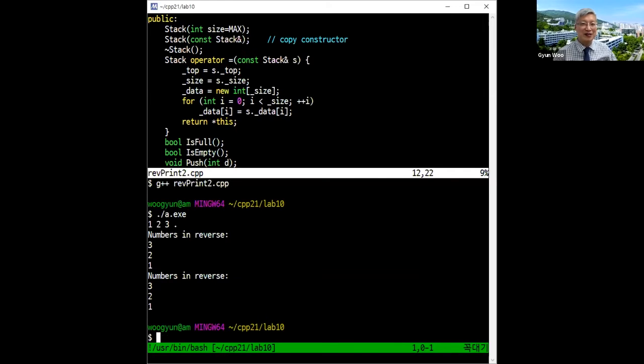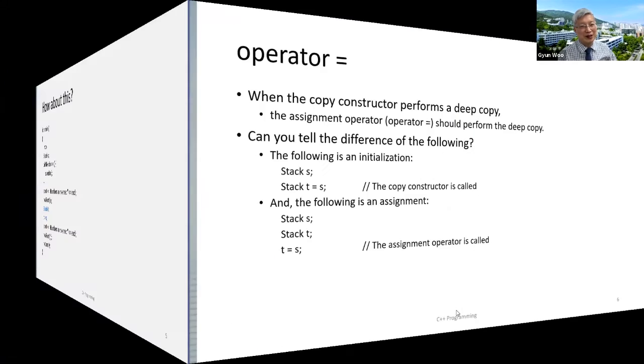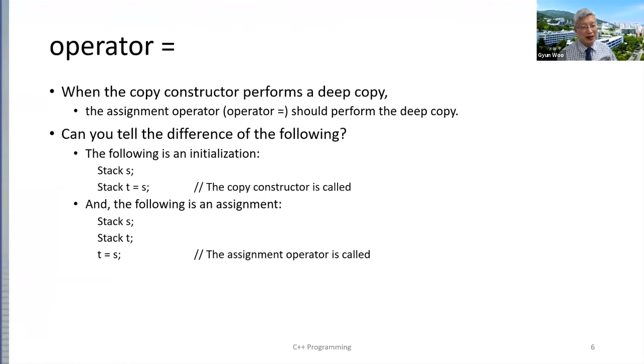Okay, so let me just share your lecture note. It is printing the anomaly. So I said that this is a copy constructor call. This is since it is an initialization. But in this case, it is not the initialization since the declaration is called separately and you assigned it with the same stack object.